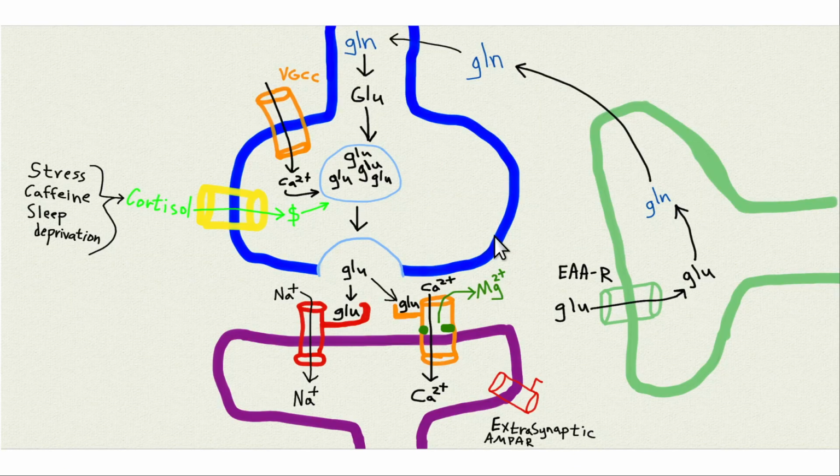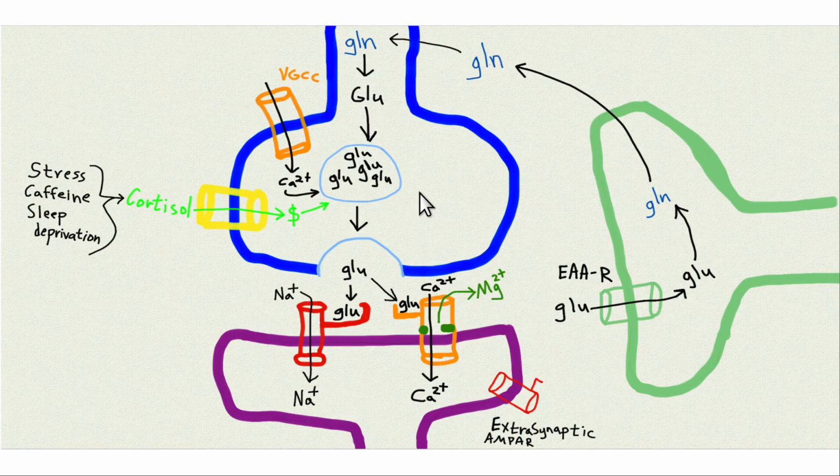Okay, a little more detail: you even have extrasynaptic receptors for glutamate, and these in particular are more prone to initiating excitotoxicity and overstimulation of the postsynaptic neuron, and they tend to be more likely to be activated if there's a problem clearing glutamate from the synaptic cleft. This is the astrocyte. This has been called a three-part synapse, or a tripartite synapse.